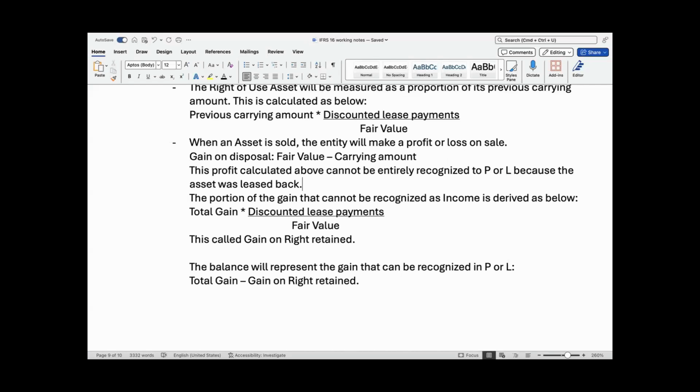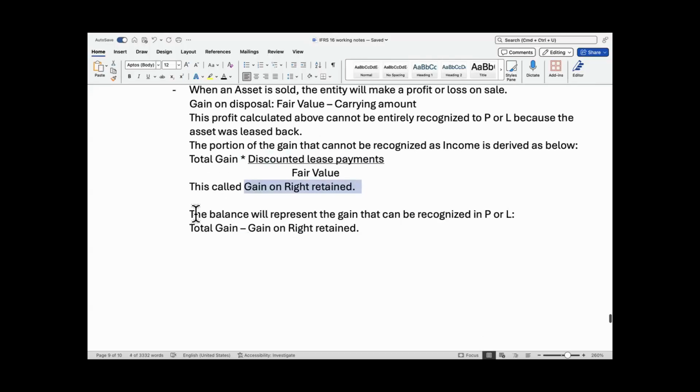So the portion that we believe you have leased back, which is the discounted payment you have to pay all upon the fair value, times the total gain, we call that gain on rights retained. This portion of the total gain should not be recognized to P&L. So the balance is what we recognize, which is the total gain minus gain on rights retained. The above result is known as gain on rights transferred.